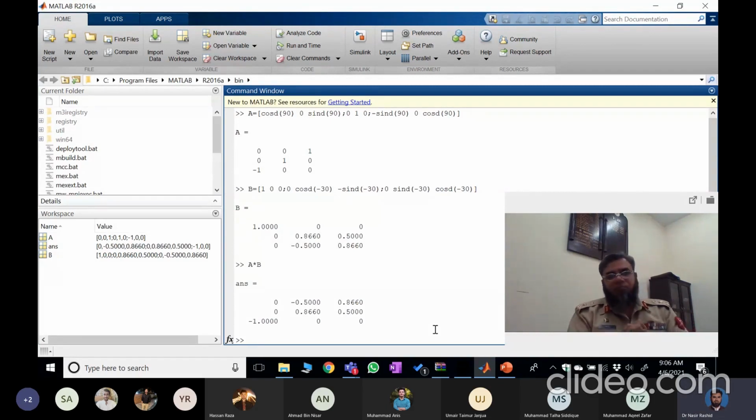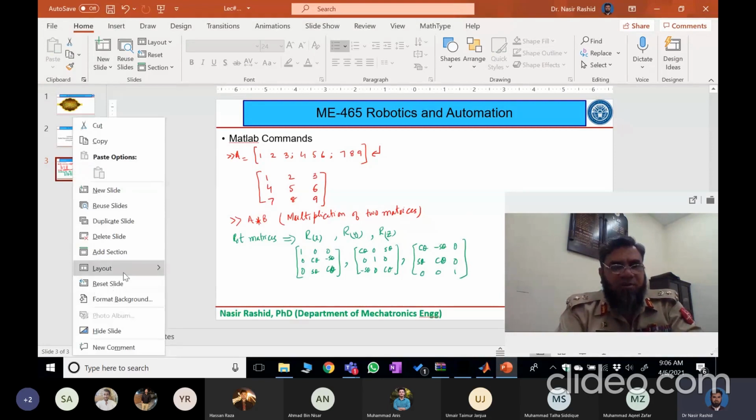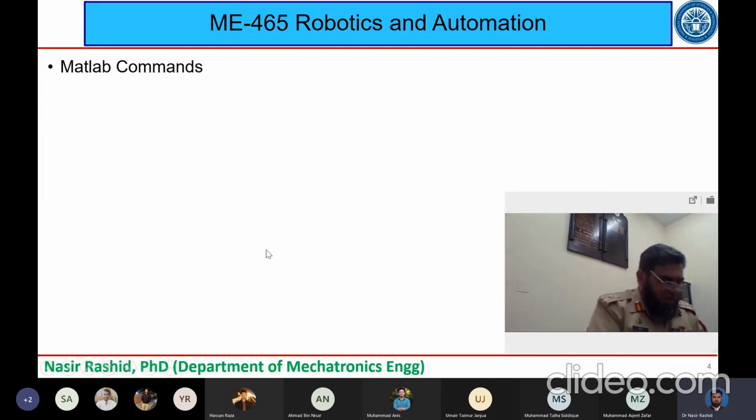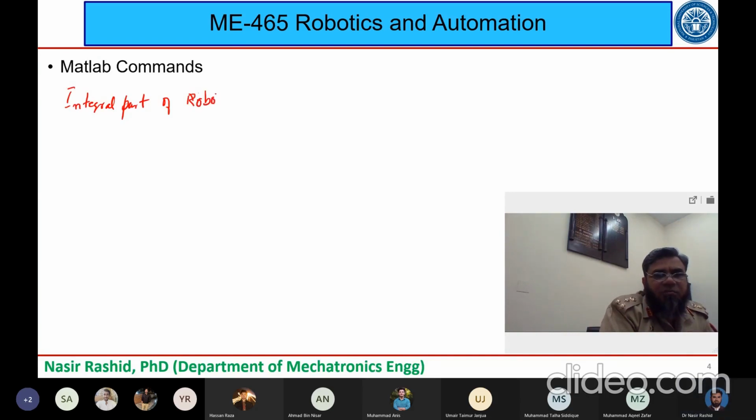Okay, done? Now I will move on to another topic: the robotics toolbox. The robotics toolbox used with MATLAB, which is an integral part of it, is the Peter Corke toolbox. Let me go here, let me just duplicate this slide. All right, so the integral part of the robotics toolbox with MATLAB.